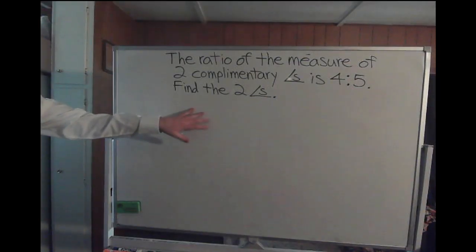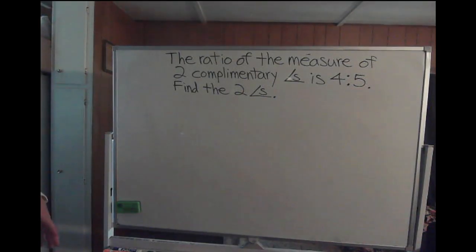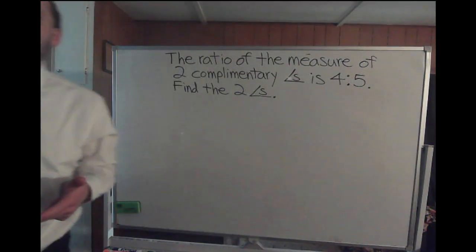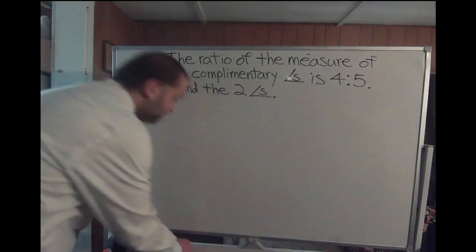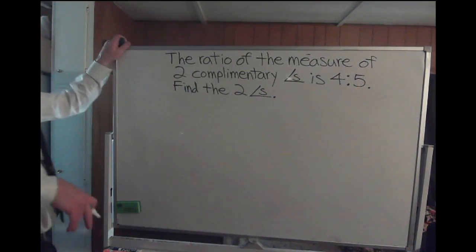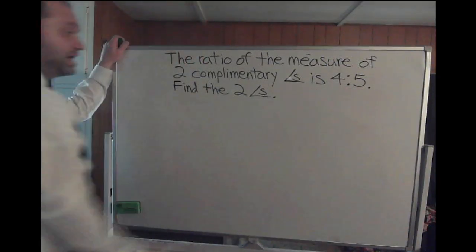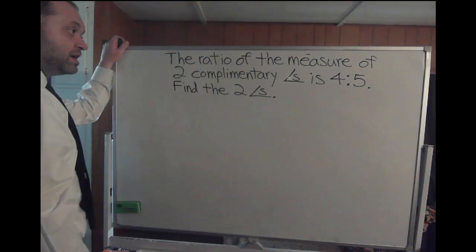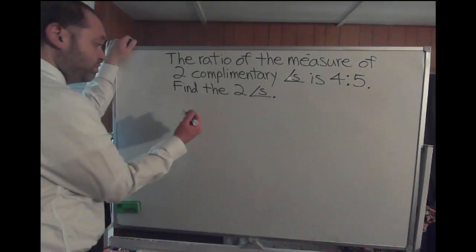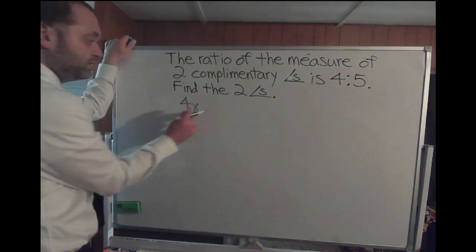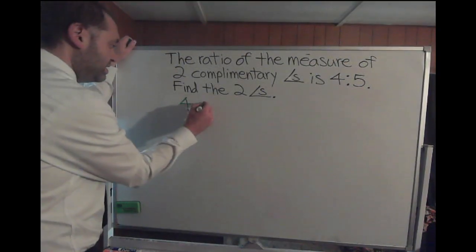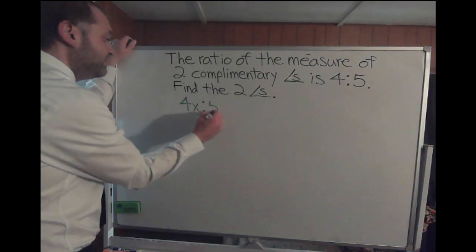Find the two angles. So what does it mean for two angles to be complementary? We know they're going to add up to 90 degrees, right? If the ratio is 4 to 5, that means initially you have 4 times the value of whatever angle, 4x to 5x, right?